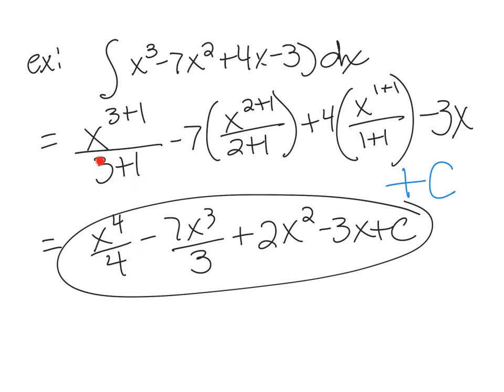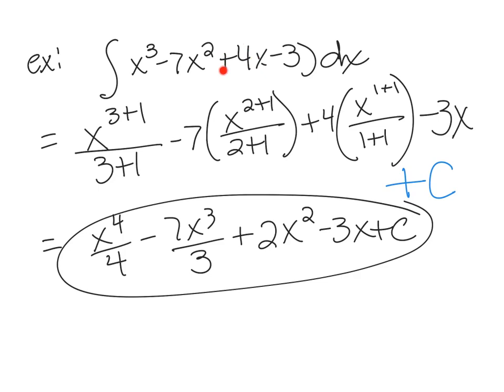When you get the hang of it, you do not have to write this line, okay? You can go straight to here and simplify as you go. All right, so I'm going to get x to the 4 over 4 for this. The minus 7 is just going along for the ride. I'm integrating this, so I'm going to get x to the 3 over 3, this guy right here.